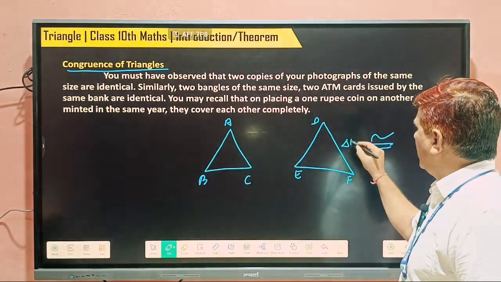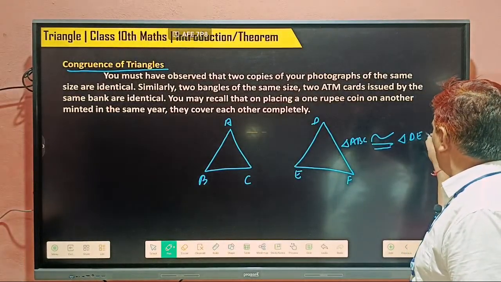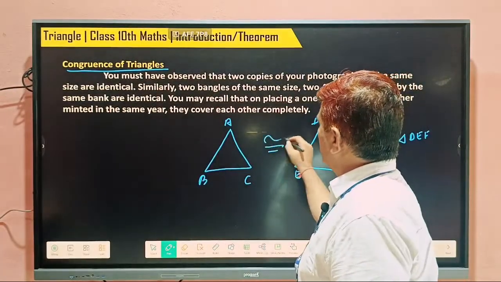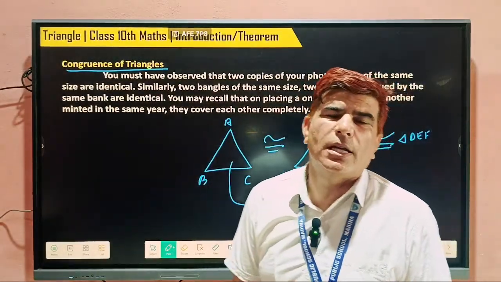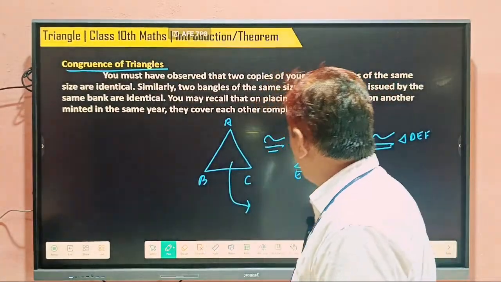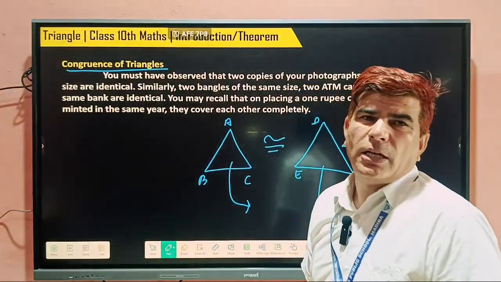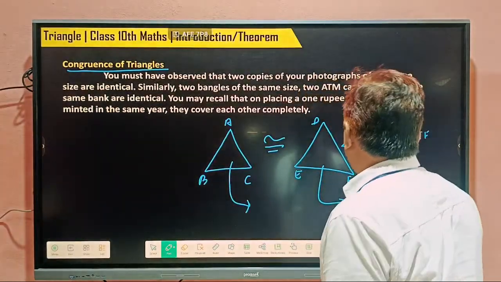If triangle ABC is congruent to triangle DEF, what's its meaning? Its meaning is 6 elements: 3 sides and 3 angles of this triangle are equal to the 6 elements of this triangle. 3 angles with corresponding sides.